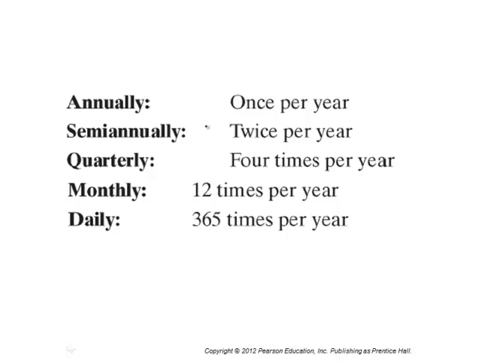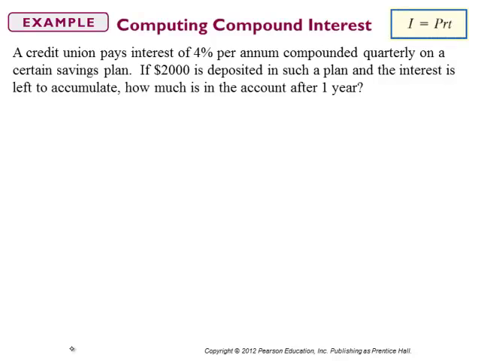Or daily. We'll not mess with any leap years, okay? So just assume 365 days. So if you have daily compounding or a daily period, that means that there's 365 of them per year. So we're going to try to make that connection between simple interest and compound interest here.